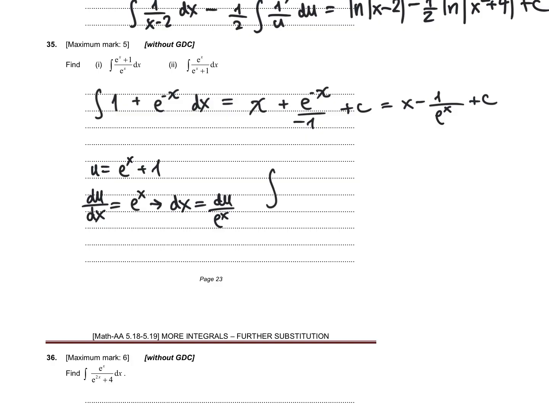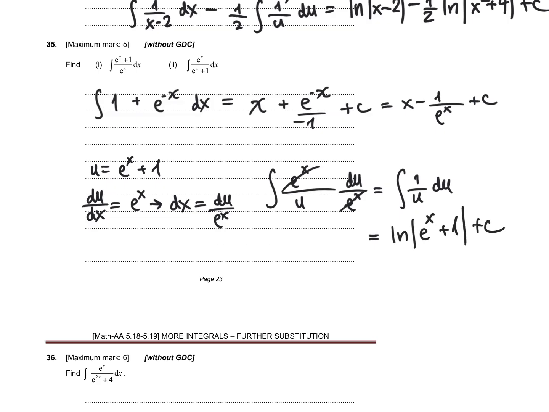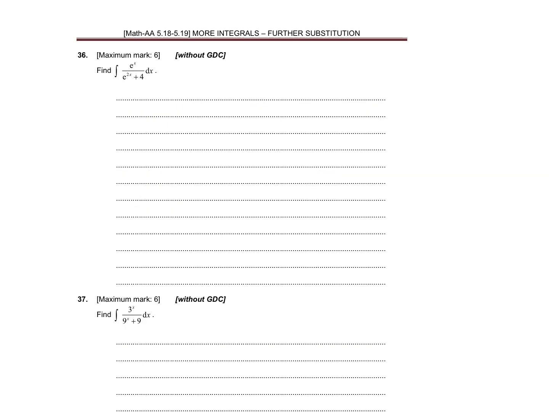So our integral becomes e to the x over u, du over e to the x. So we're going to have 1 over u du, which is natural log u, which is e to the x plus 1, plus c. So the first thing I tried was making the denominator u, but that didn't work.